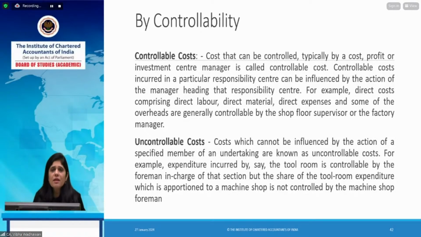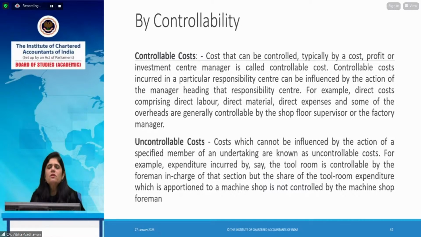So something which can be controlled by a departmental manager with respect to his own department, internally, that is controllable cost. Something which is happening on an organizational level, that departmental manager cannot control. It becomes uncontrollable cost if we talk about that particular department.